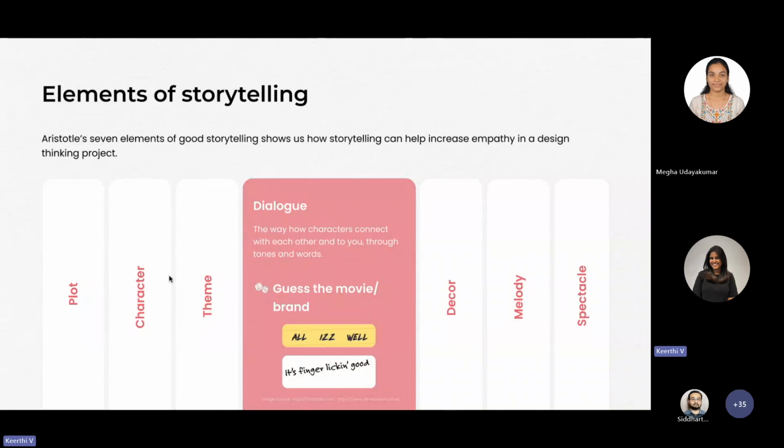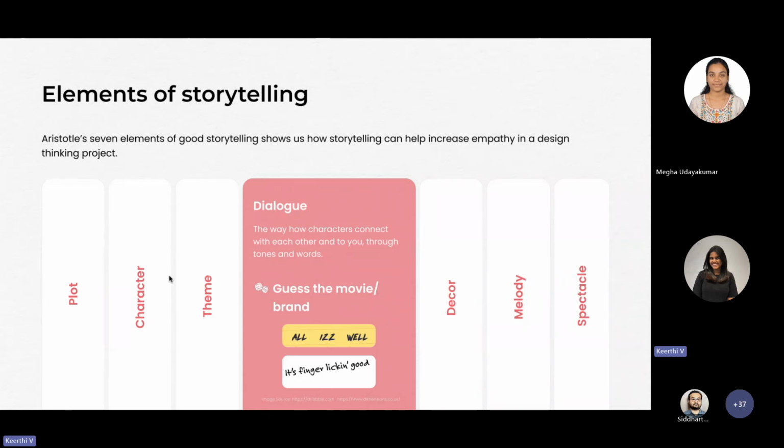So here also we have a very small activity. We have a movie dialogue and also a slogan of a famous brand. So you people have to just guess which movie it is and which slogan it is. So the movie line is "All Is Well" and the slogan is "It's Finger Licking Good." So you can put your answers in the chat box.